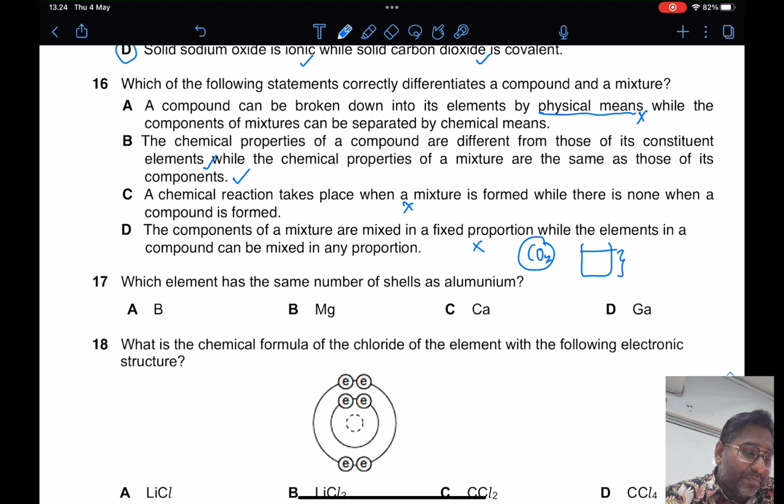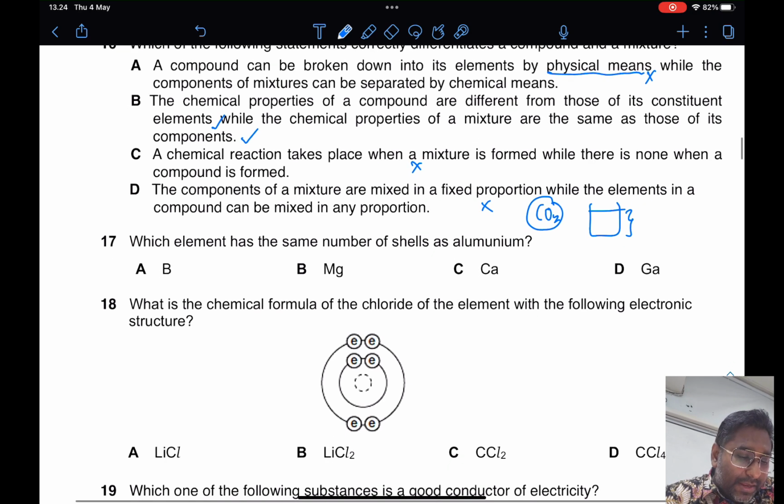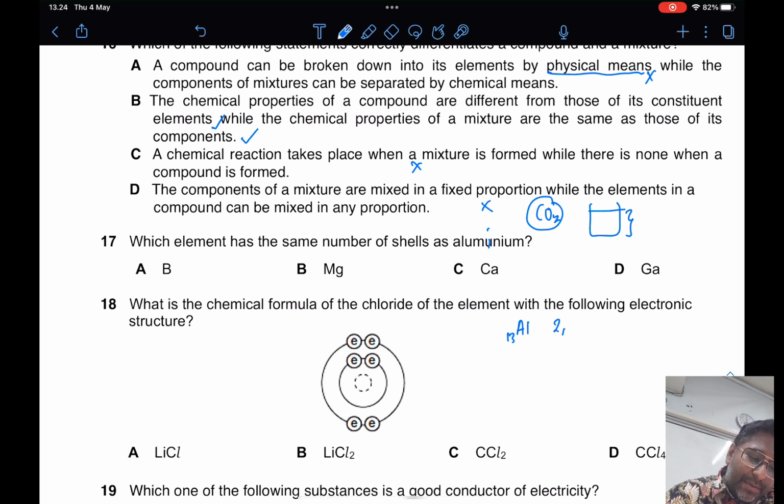Now 17. Which element has the same number of shells as aluminium? Let's look at aluminium. Aluminium is 13, so 2, 8, 3, total 3 shells. So boron, if you look at your periodic table, is 5.